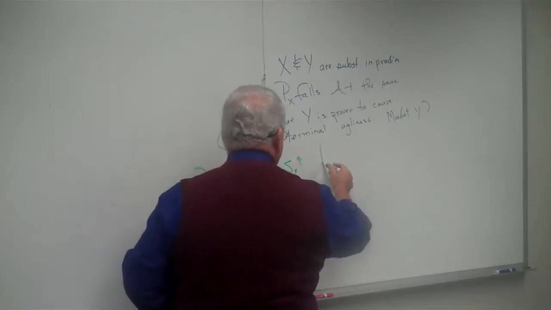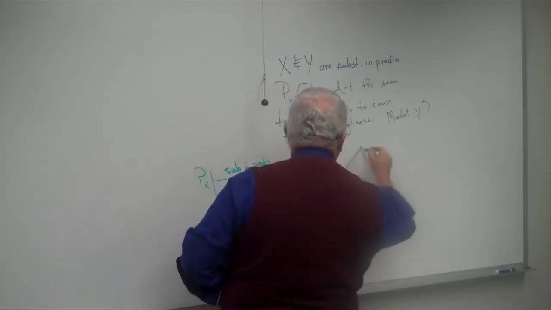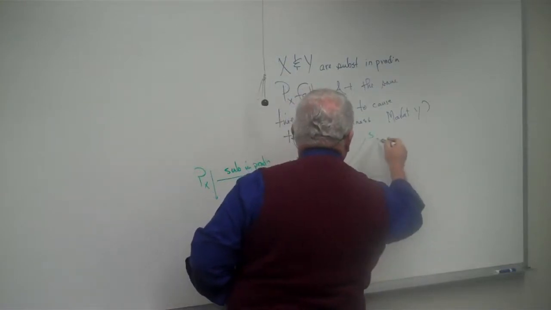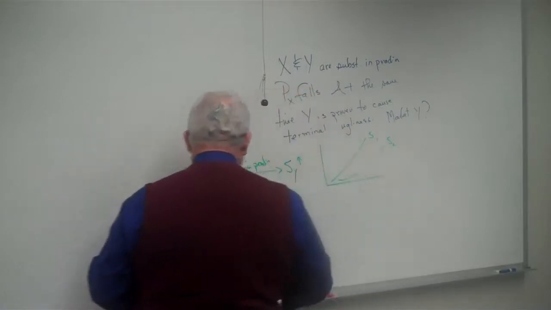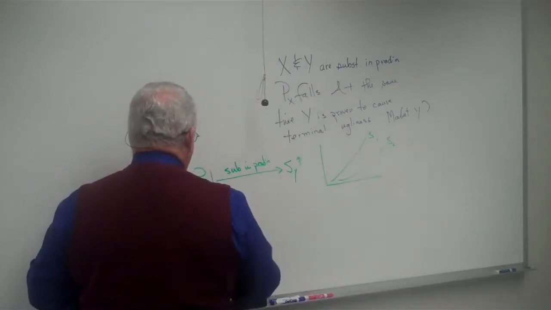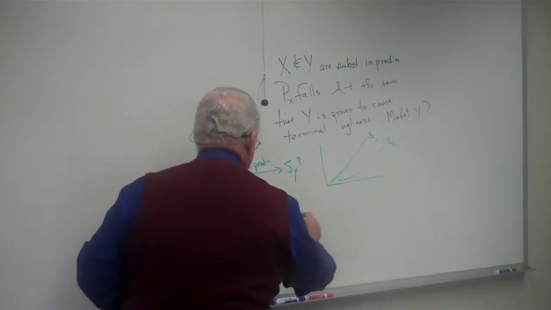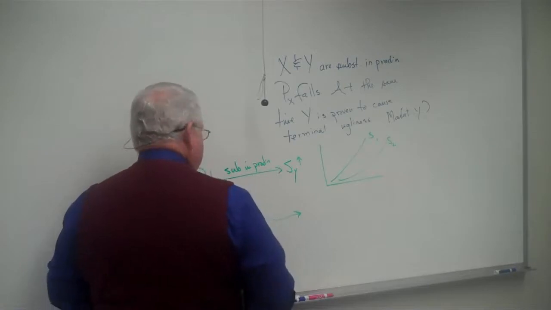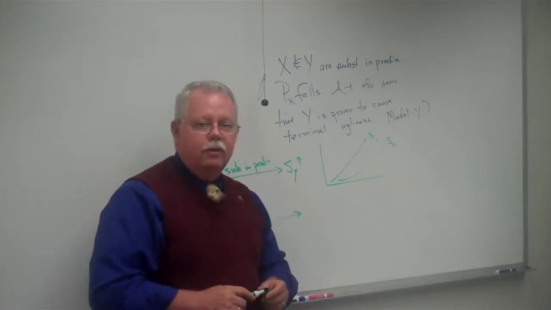So we know that's one graph. Supply of Y is going to go from S1 to S2. We also know that Y makes you ugly. What will that affect? The demand.